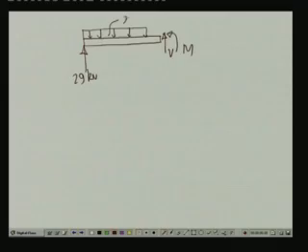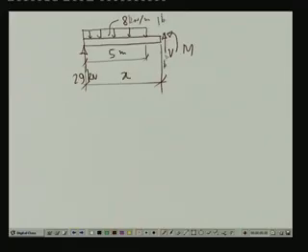So, this is 8 kilonewton per meter, and this is a distance of 5 meter. Now, this is a distance which we have chosen as x, which is a variable distance, and this particular section is BB.